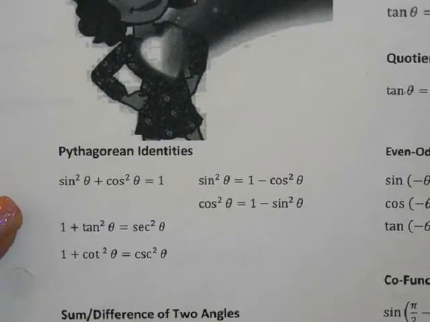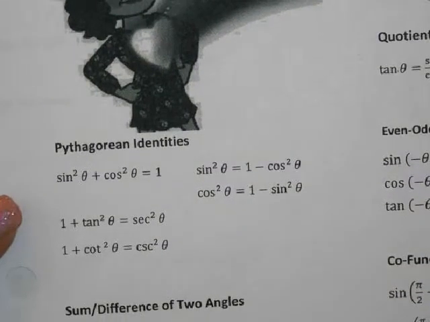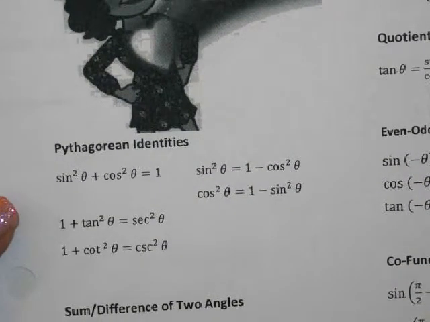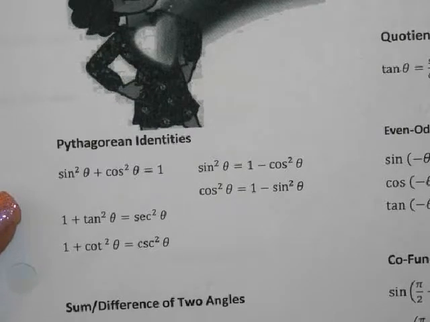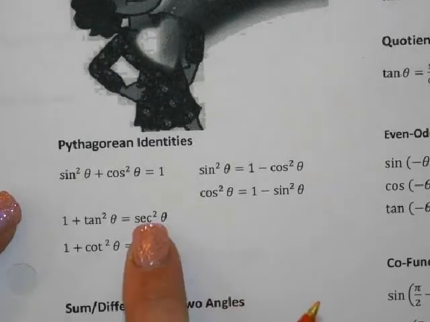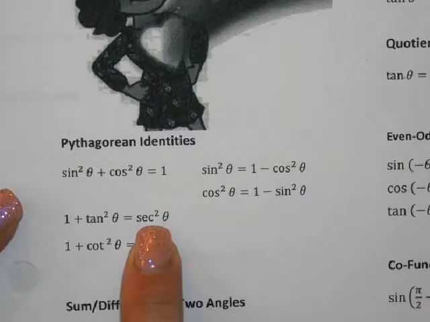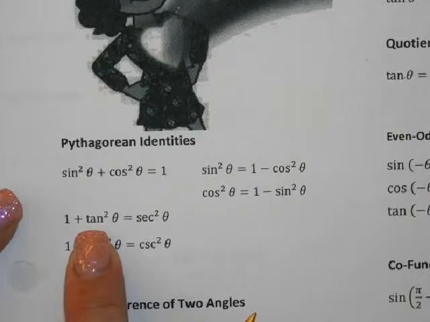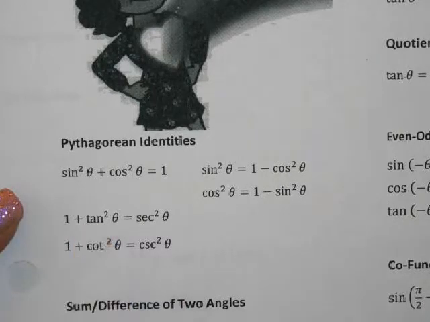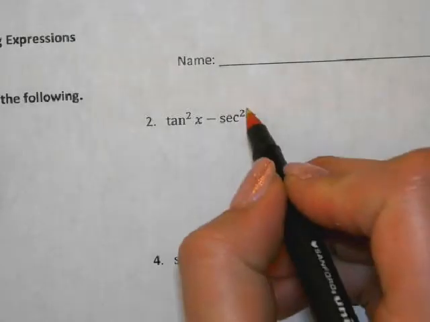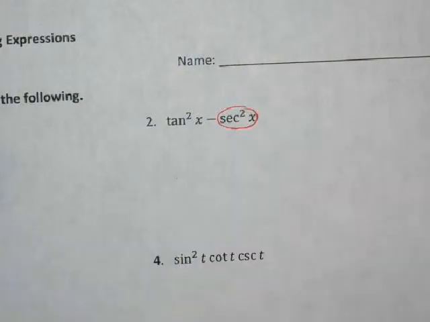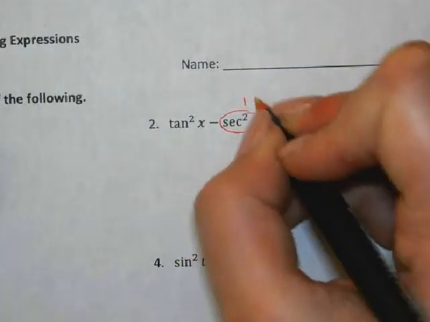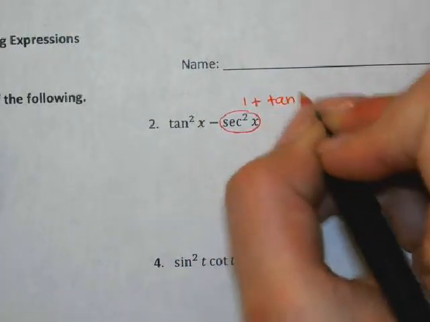Okay, anyone want to share what we might be able to do? Yeah, so if you see here, your Pythagorean identity says that secant squared is the same thing as 1 plus tan squared. So what we can do is take this right here and replace it with 1 plus tan squared x.